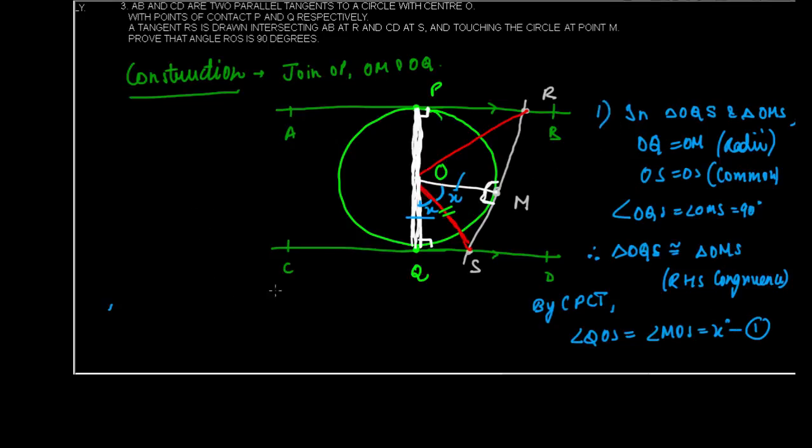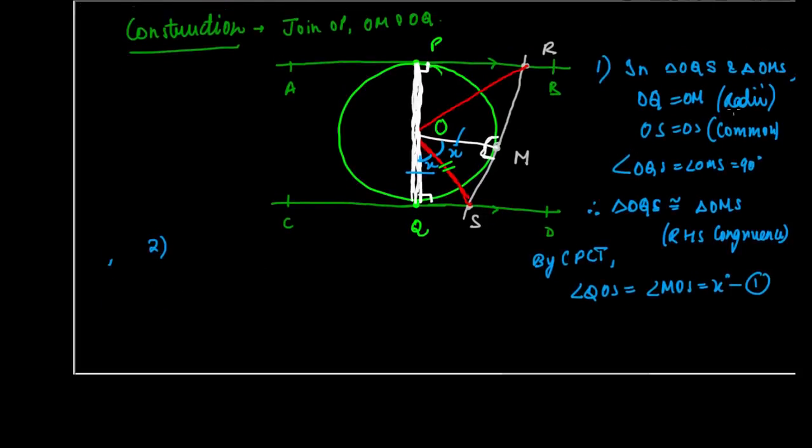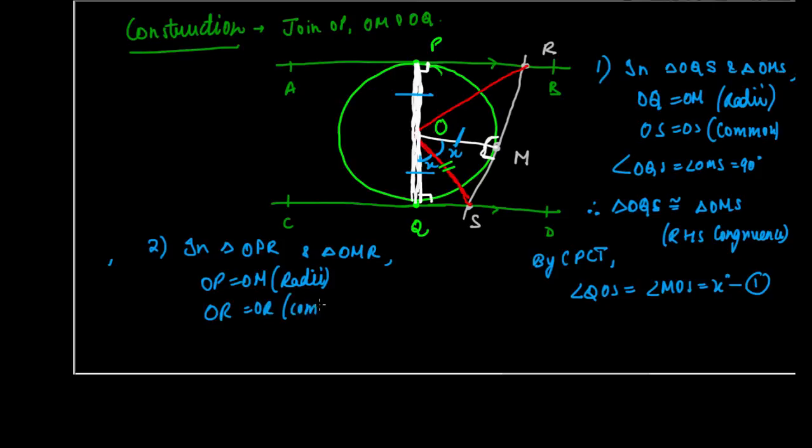That's my first part. The second part of the question is to take the other two triangles, triangle OPR and triangle OMR. We can say that OP equal to OM, again they are both radii of the same circle. Next, OR equal to OR, again a common side.